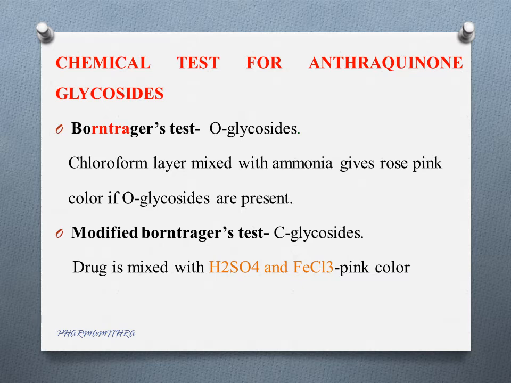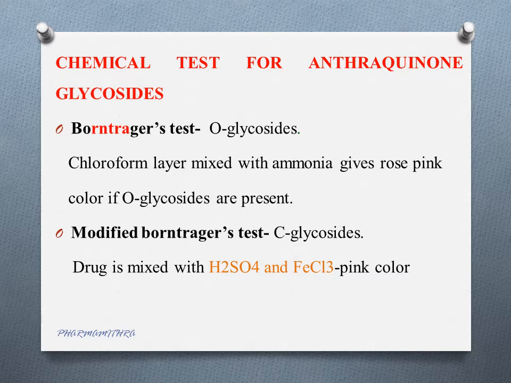The difference is that Bontrager's test is carried out for O-glycoside. No need to know the procedure in detail, but what you want to keep in mind for chemical tests is what the test is for and what the color change is. Mostly the name of the test is asked, whether it is for anthraquinone glycoside or for cardiac glycoside.